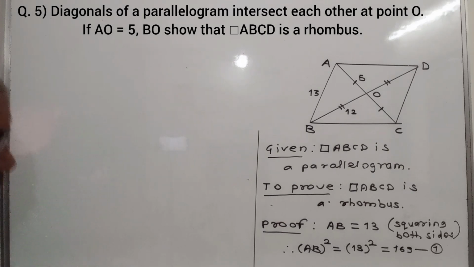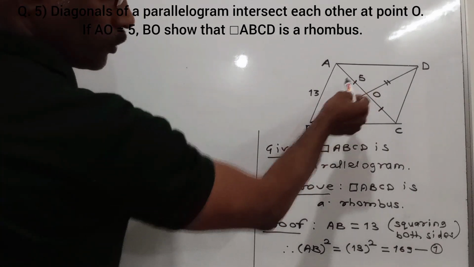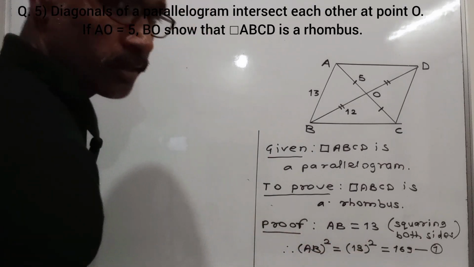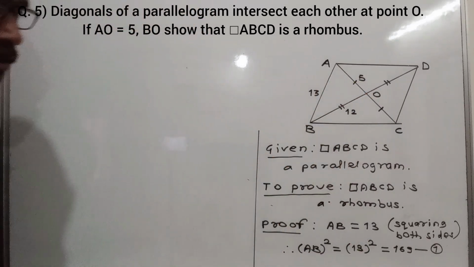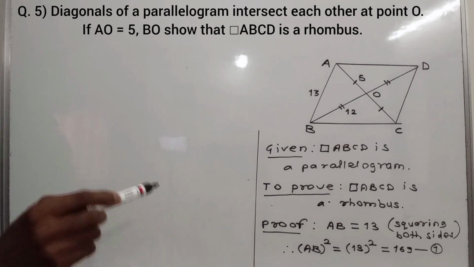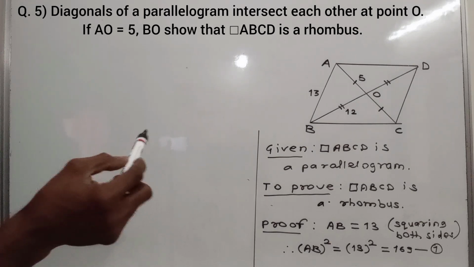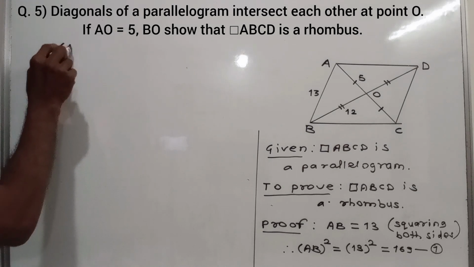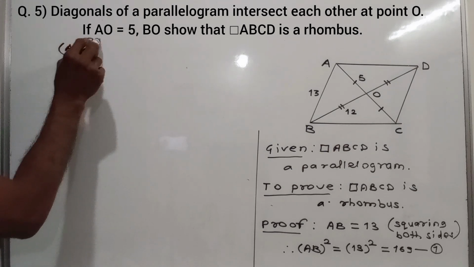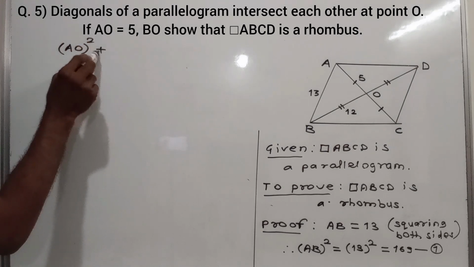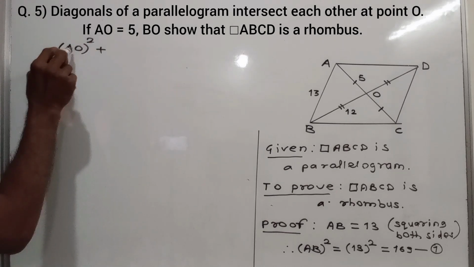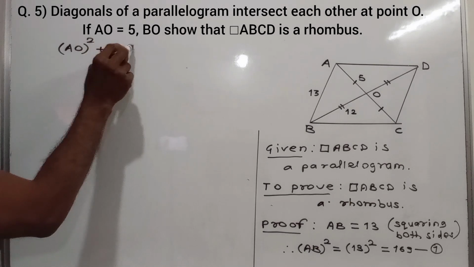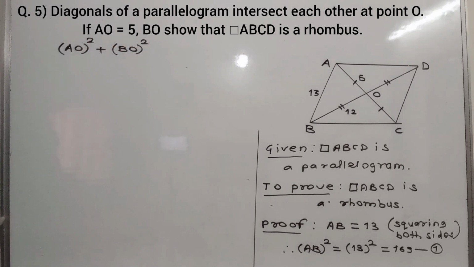Now we take the remaining 2. This is bigger, so we take it first, then the remaining 2. Sum of the squares of the remaining 2, which are those? AO square plus BO square. What is AO? 5 square plus BO 12 square.